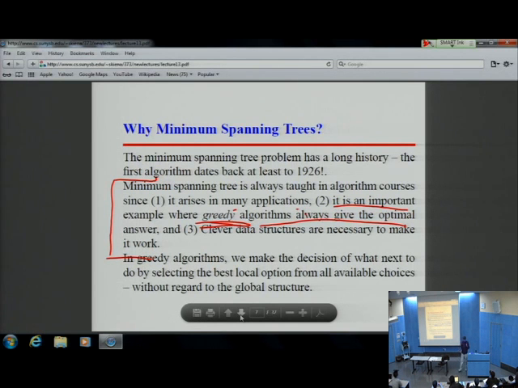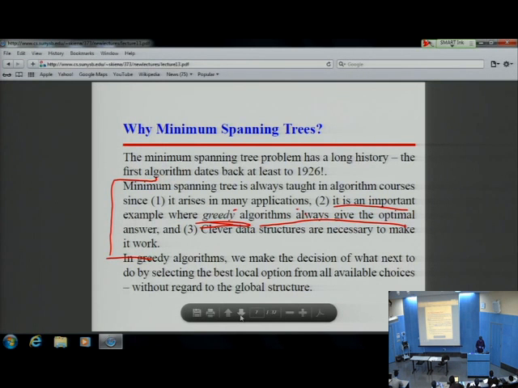But somehow that works for minimum spanning tree. Looking at why this simple, greedy, grab-the-next-best-thing algorithm works for minimum spanning tree is interesting. It's a representative of certain problems for which making the best local decision is the right thing, and minimum spanning tree is a canonical representative of that.